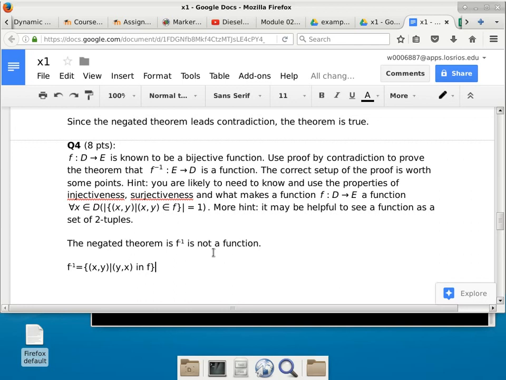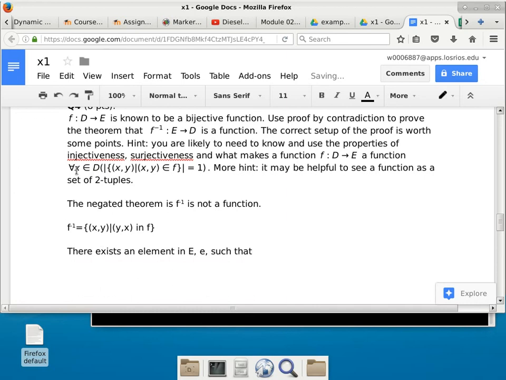So we are now basically saying this rule is not followed, which basically means the cardinality is either 0 or greater than 1. So now we can say there exists an element in E, a lowercase e, such that the rule is not followed.